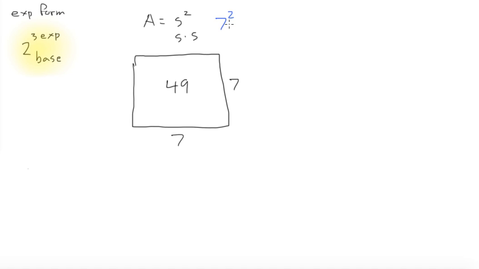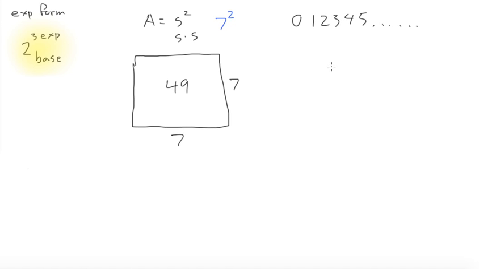Now, let's also just do a real quick review on what a whole number is. A whole number would be 0, 1, 2, 3, 4, 5, and so forth, and so forth. Okay? Those are whole numbers.